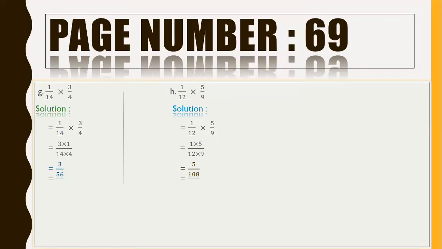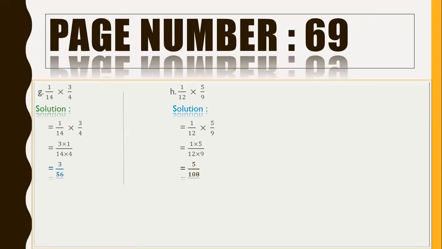This is a proper fraction because the numerator is a smaller number and the denominator is a greater number. If this fraction were an improper fraction, what will we do? We divide them and we can convert them into a mixed number. 3 over 56 is not divisible.